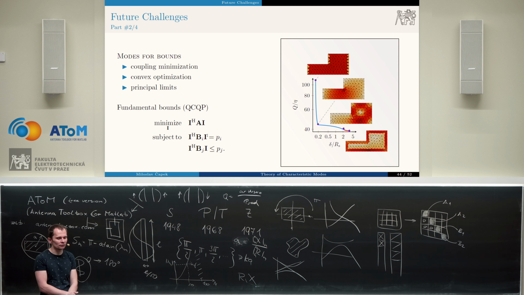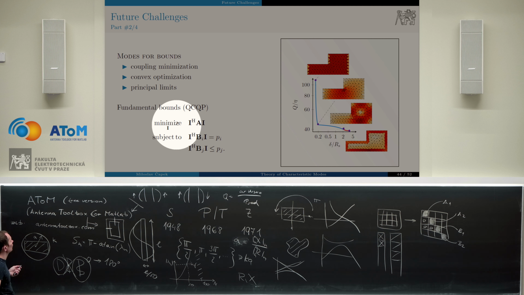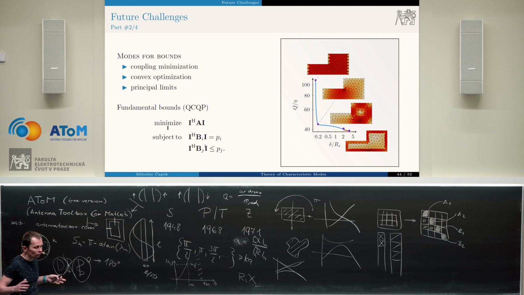And typically what we get is some optimal current, which is representing this performance. However, if you take a look at the quadratically constrained quadratic program we commonly utilize for finding these fundamental performances, it's very close to modal decomposition. And in fact, for evaluating fundamental bounds, we normally use modes quite heavily.